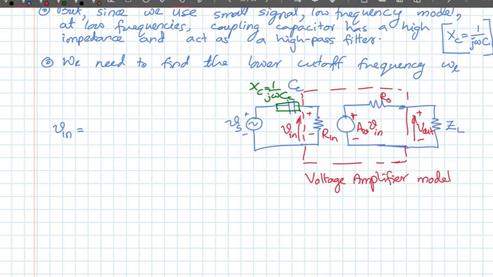So what I have is a voltage divider. The voltage input is equal to R in divided by R in plus XC, times Vs. So I can write this as R in divided by R in plus 1 over j omega Cc, the coupling capacitor, times Vs.